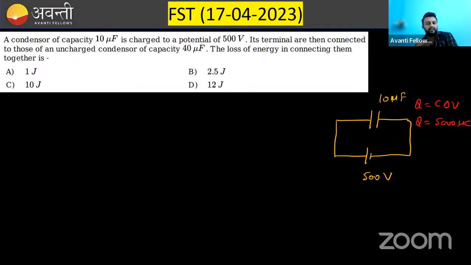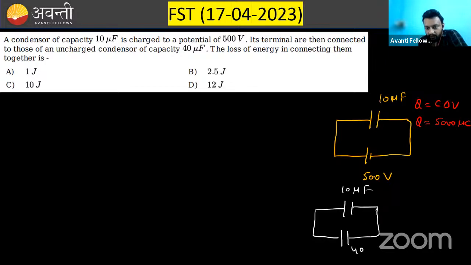The charge on the capacitor during the first statement is 5000 microcoulomb. Now it again says its terminals are then connected to those of an uncharged condenser. Condenser means capacitor. This charged capacitor of 10 microfarad is now connected with an uncharged capacitor of 40 microfarad.